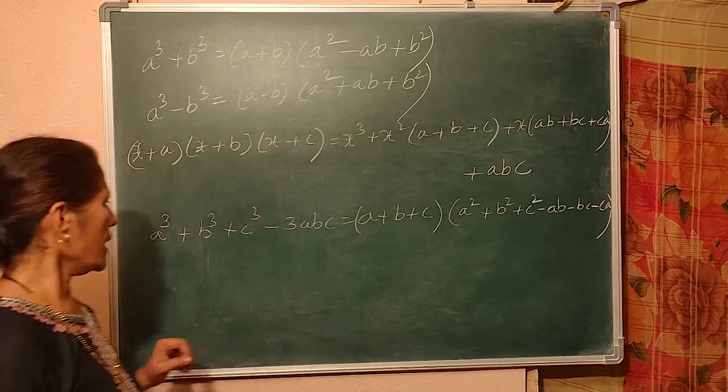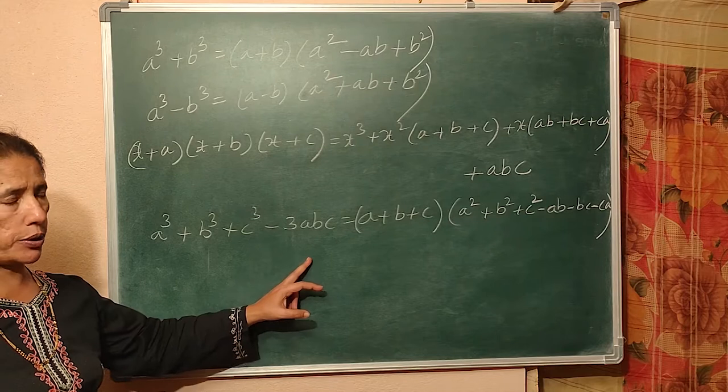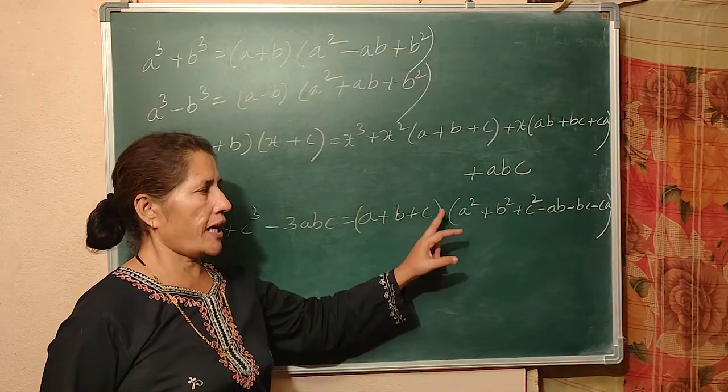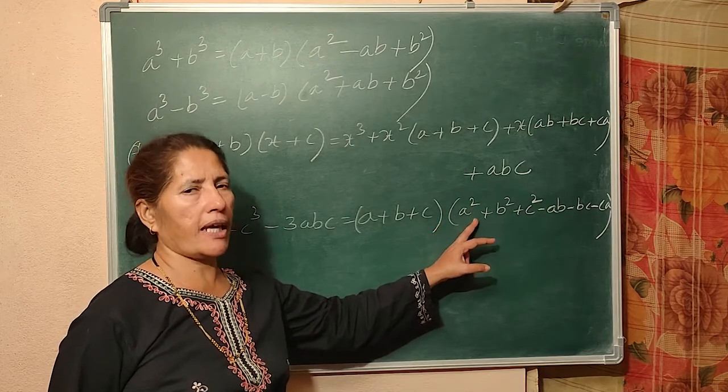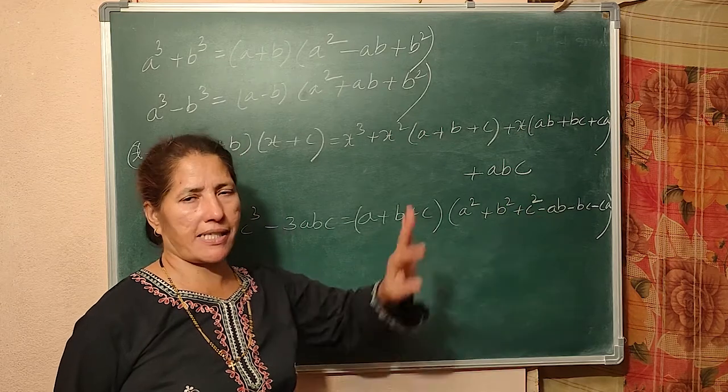I repeat, a cube plus b cube plus c cube minus 3abc is equal to (a plus b plus c) into (a square plus b square plus c square minus ab minus bc minus ca).